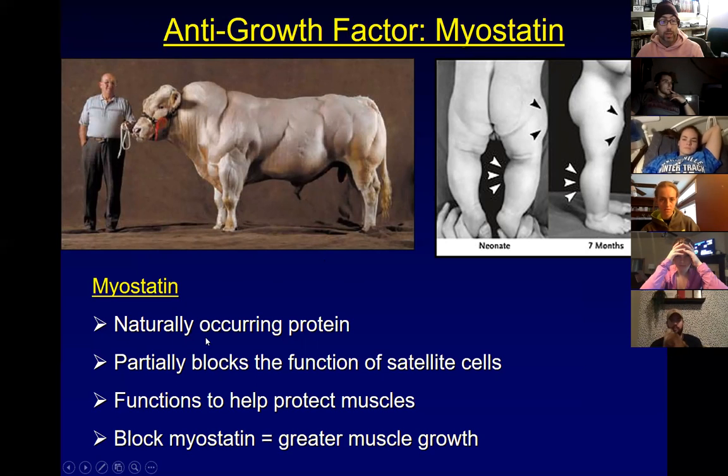Okay, myostatin is a naturally occurring protein, and it partially blocks the function of satellite cells. It functions to protect and keep muscles from getting too big and too strong. And so we know if we can blunt or block the effect of myostatin in your body, we can get greater satellite cell activation and greater muscle growth.